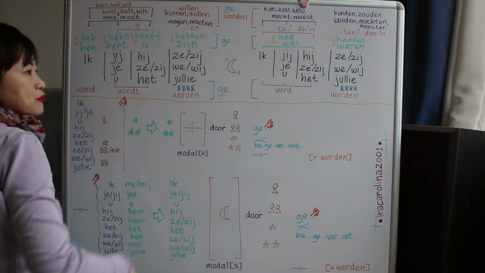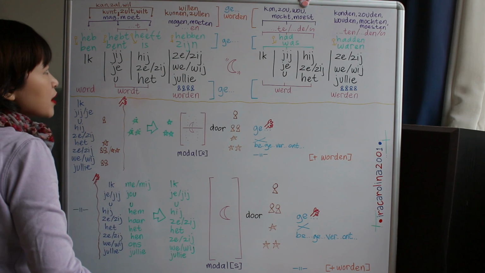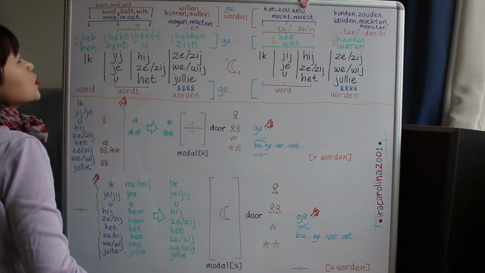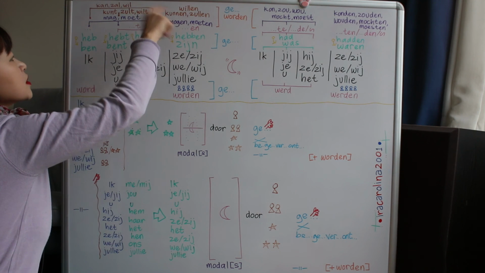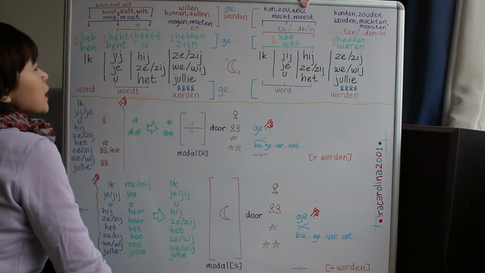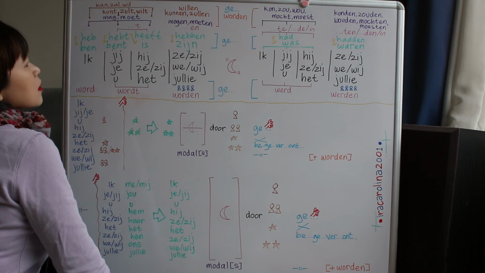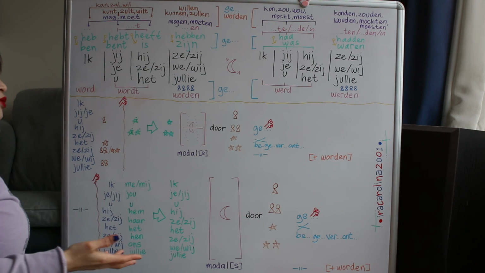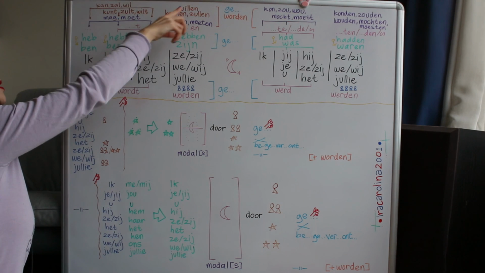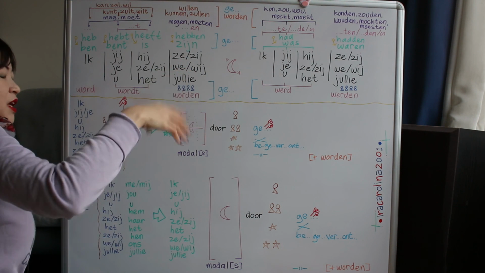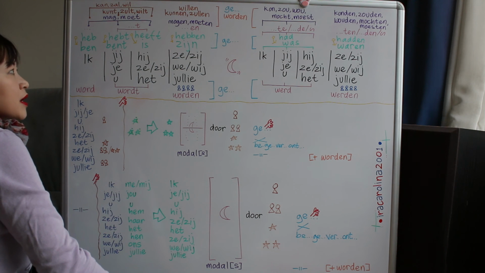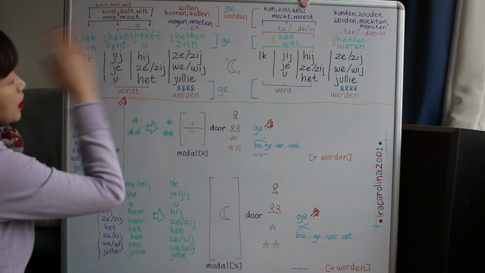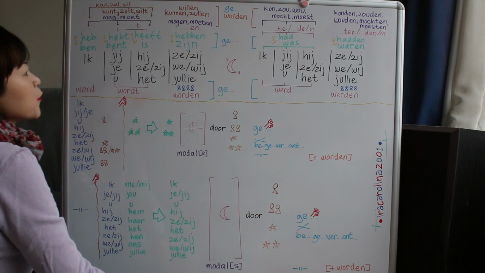And for a subject that consists of more than one, we use willen, kunnen, zullen. As we see, if we use modals, after these words we use the verb with en at the end. We already learned about this in the previous video.